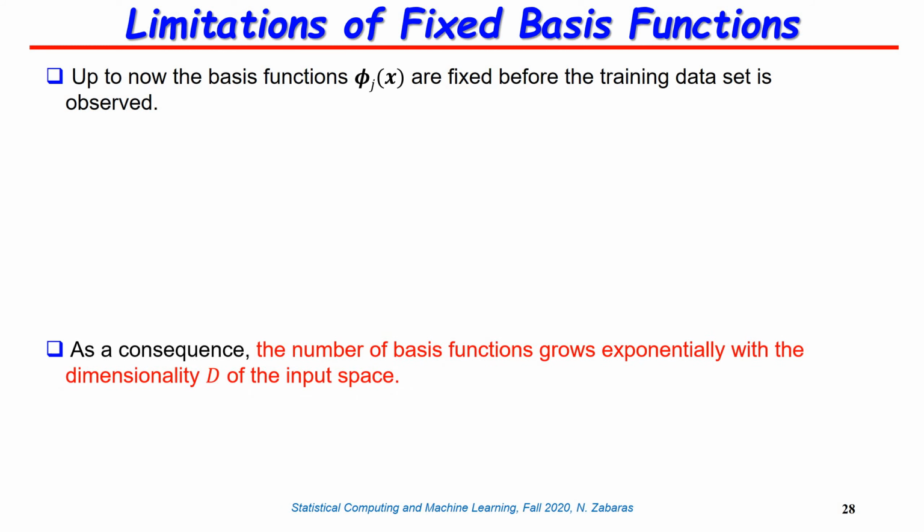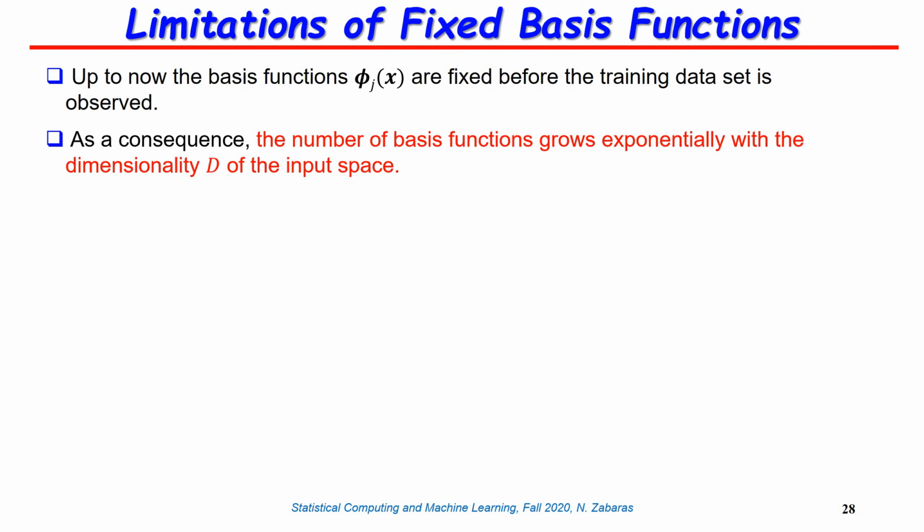Now, if you have a problem that has high dimensionality, you remember from the lecture on the curse of dimensionality, the number of basis functions that you use is going to increase exponentially with the dimensionality of the problem. So that's already very bad news. You will not be able to use all the basis functions that you want.